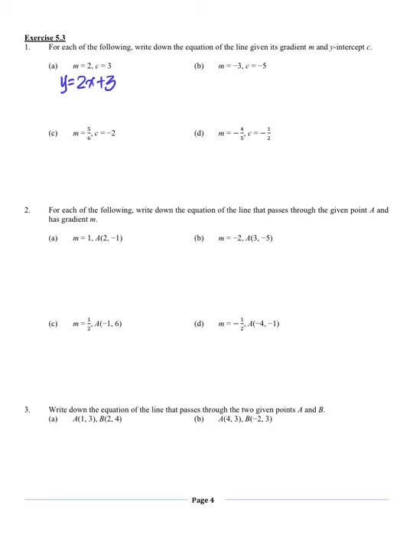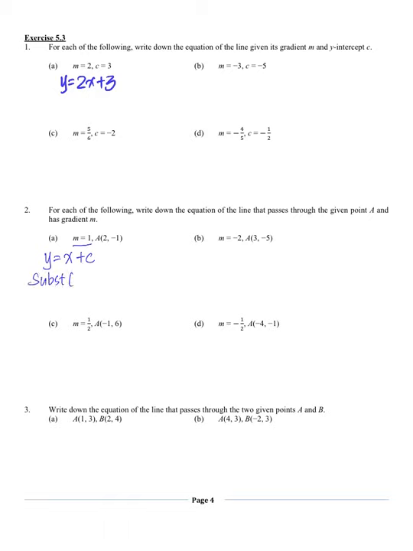Next one. I will show one sum for each. Number 2, write down the equation of the line that passes through the given point A and has gradient m. They give you a gradient m equals 1. So you know that the line is y equals 1x plus c. How to find c?